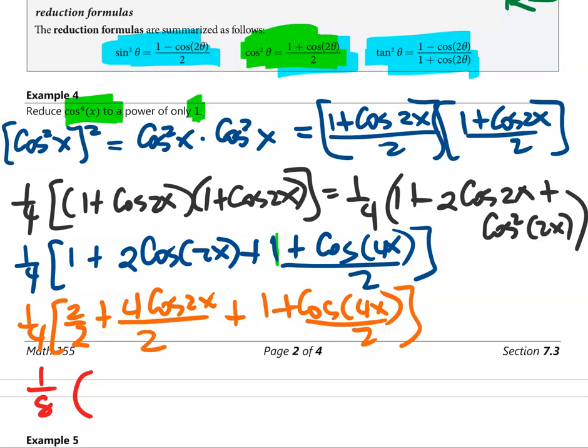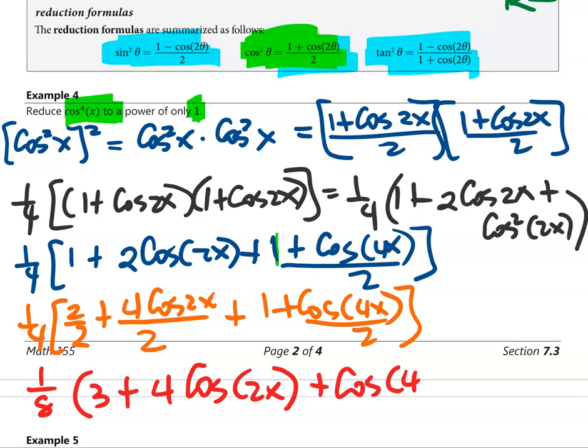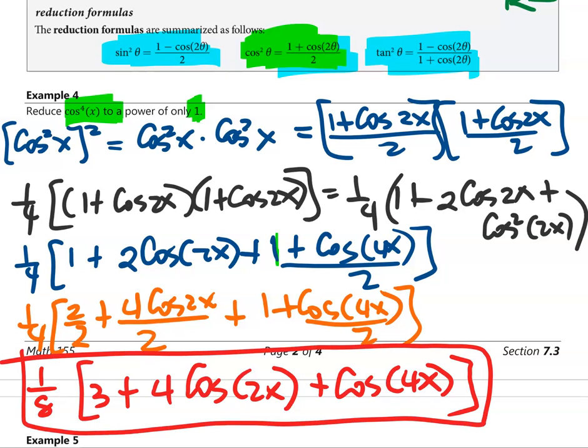And this now, 2 plus 1 is 3, plus 4 cosine of 2x plus cosine of 4x. So now this is the answer. Look at that. The cosine has only a power of 1.